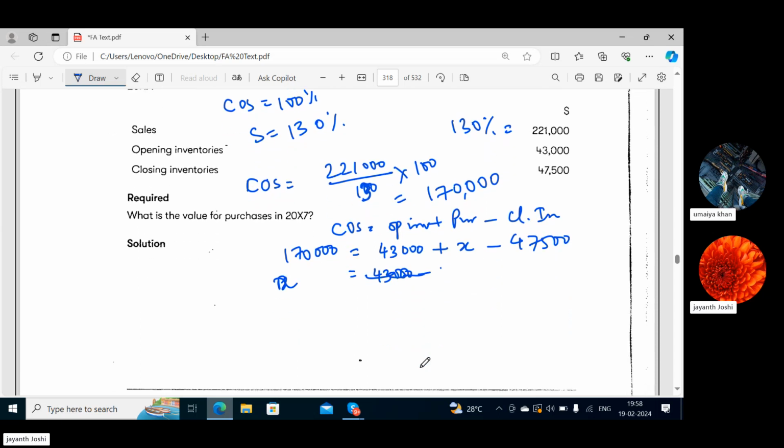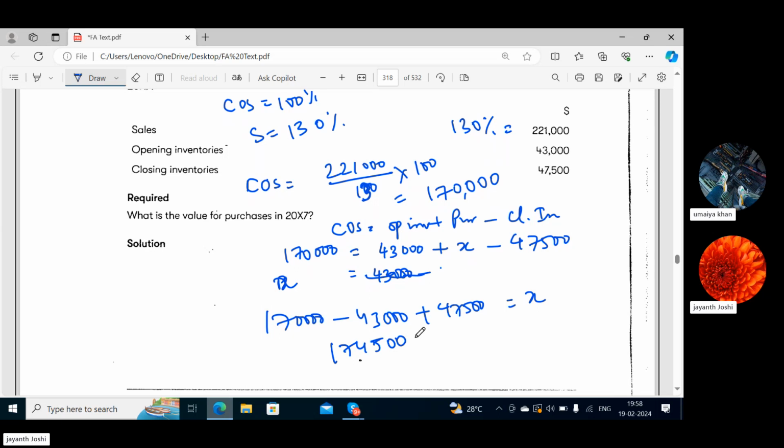So we can put it like this: 170,000 minus 43,000 plus 47,500 is X. So how much is that value? 174,500. So this is how we got the value of purchase.